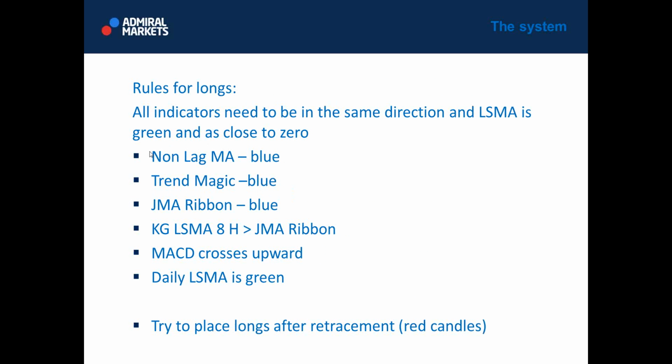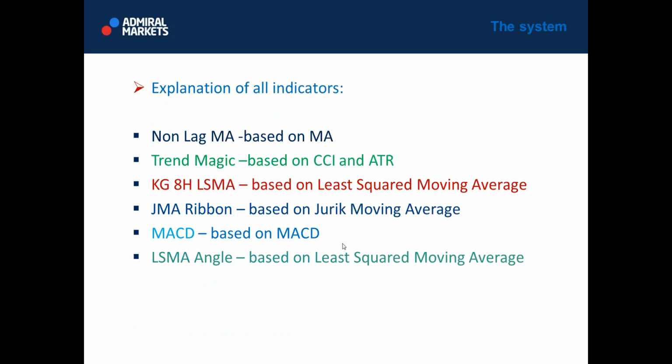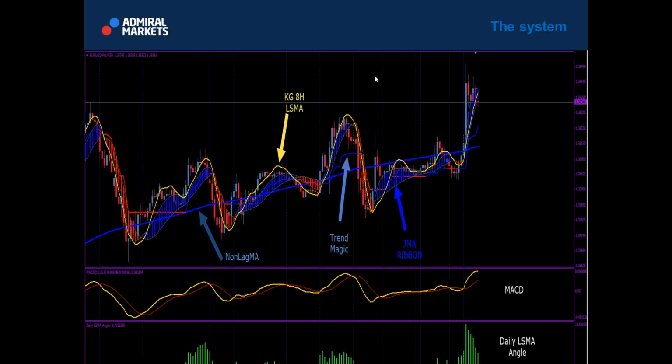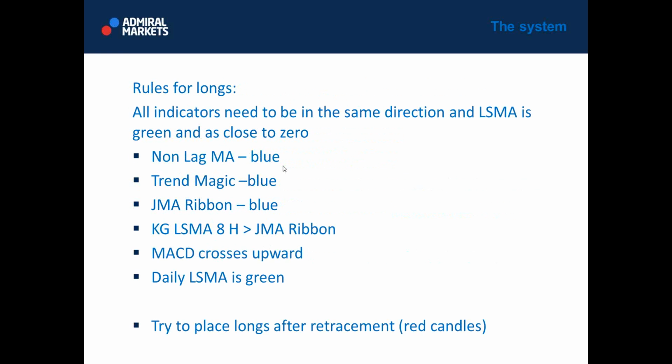Trend Magic needs to be blue, non-lag EMA needs to be blue, JMA ribbon needs to be blue. LSMA 8 hours needs to be bigger than the JMA ribbon. Okay? So this yellow line should be higher than this one. It needs to be above this. So this MA needs to be above the ribbon for long trades.